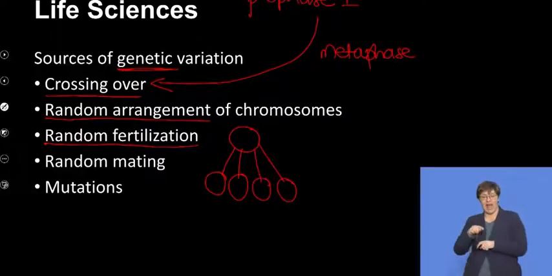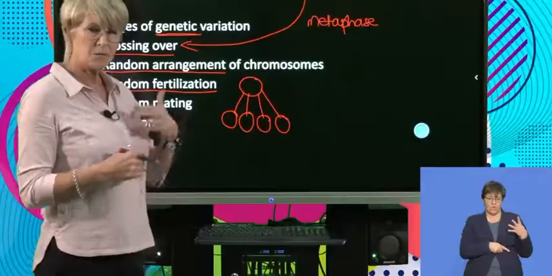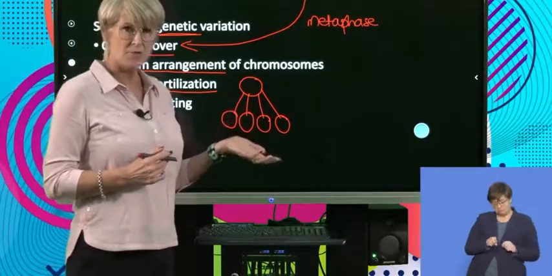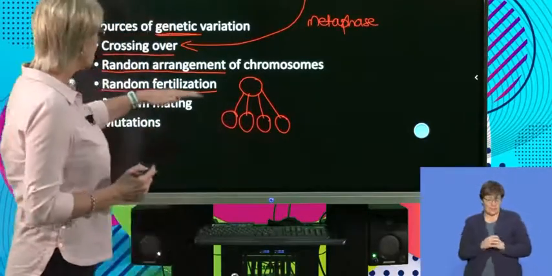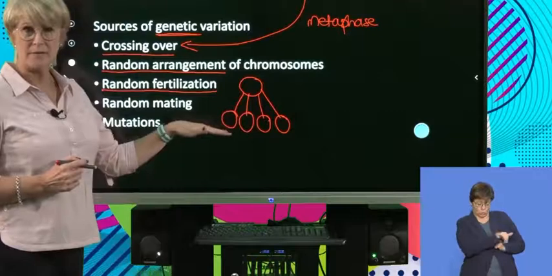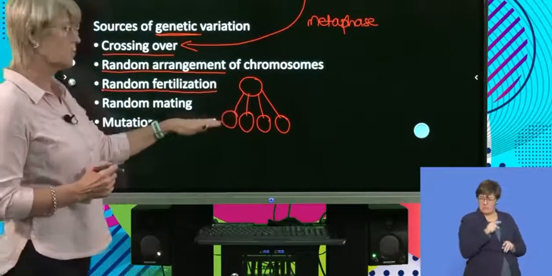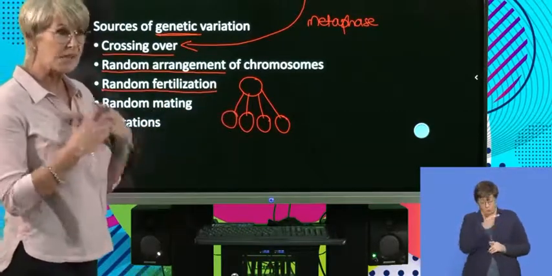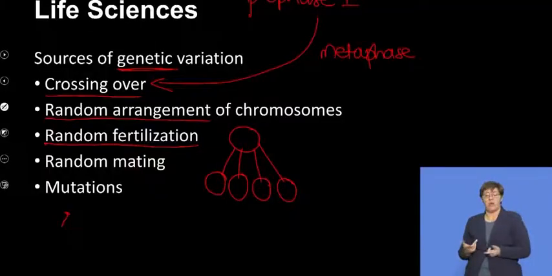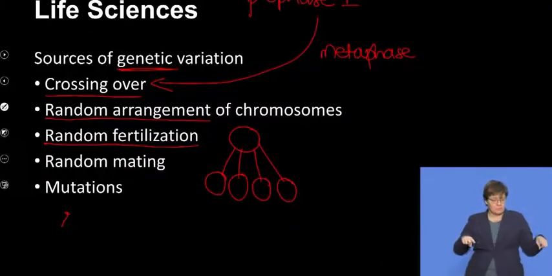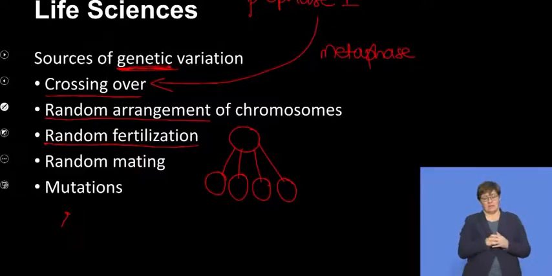If these are sperm cells, any one of those 4 would have the chance of fertilizing the ovum. That is why we say we don't know which one. Remember, thousands and thousands of sperm cells are produced. That is why we say that fertilization is random, and because of that randomness, it brings about genetic variation.